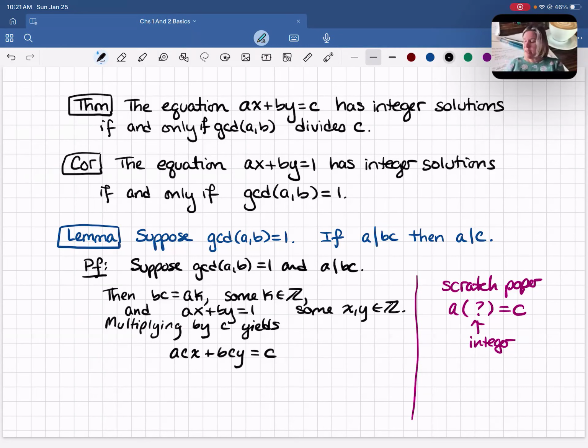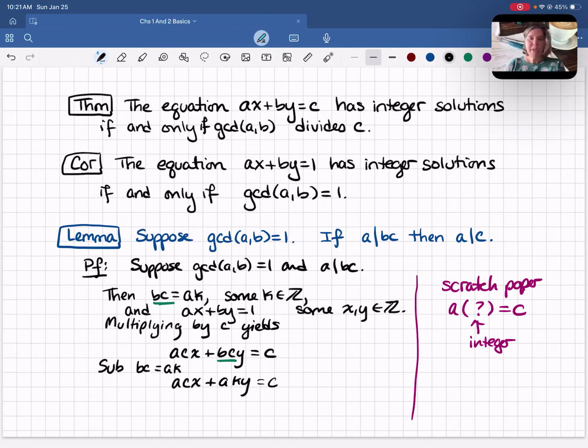Well, I see this bc right here, but I know that bc is equal to ak. And so I will substitute ak for bc. So I get acx plus aky equals c.